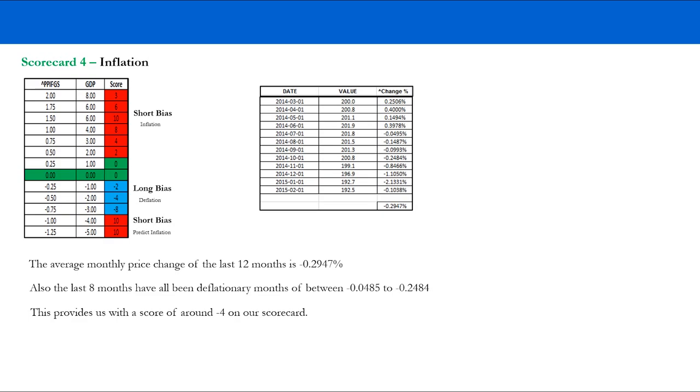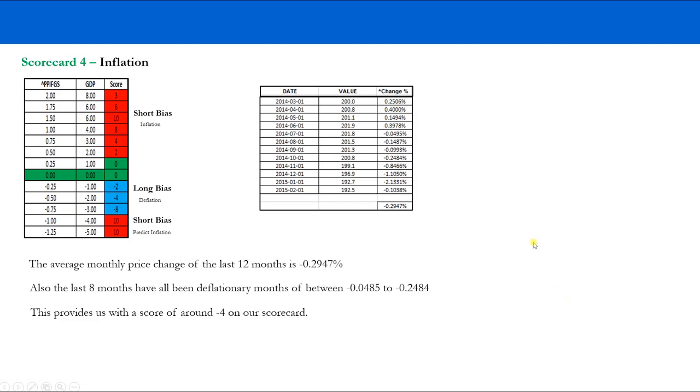And if we analyze the data in the last 8 months, what we've seen is that they're all deflationary months between minus 0.0485 to minus 0.2484. So that's our range of deflationary months in the last 8 months. But in the last 8 months, they've all been deflationary.